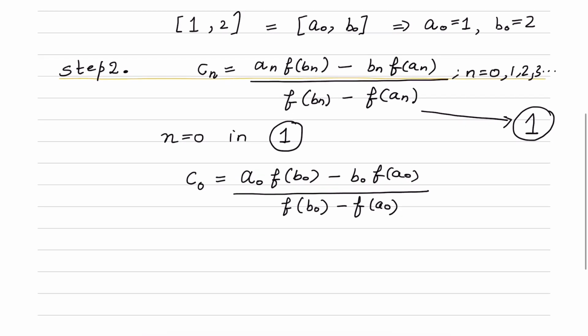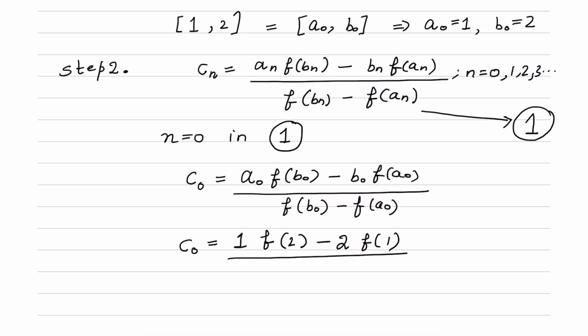Now remember that we have the value of A0, which is 1, and the value of B0, which is 2. So let's plug in these values. We are going to find C0. A0 is 1, B0 is 2, B0 is 2, A0 is 1, over f(B0), which is f(2), minus f(1).